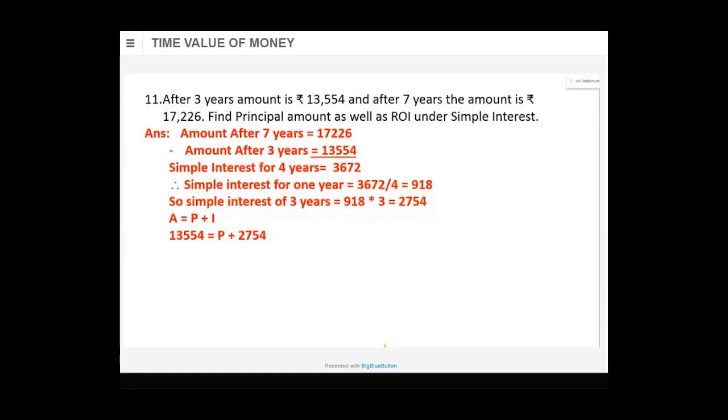After 3 years, A is 13,554, equal to P plus 2,754, the interest of 3 years. So I get P is 10,800. What was asked? Find principal amount. So I got the principal amount: 10,800.